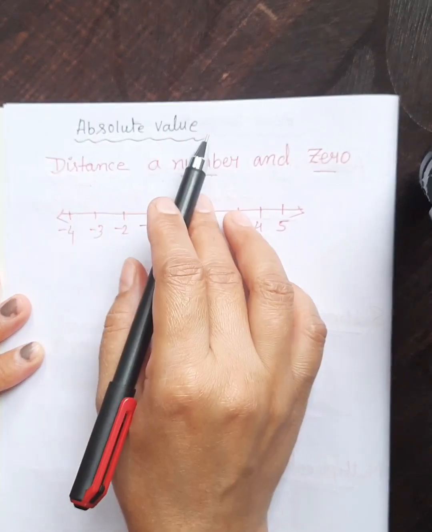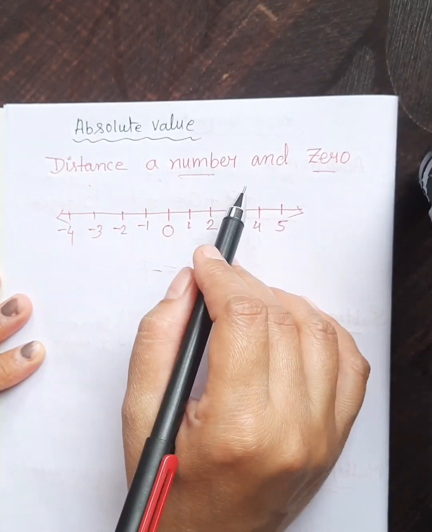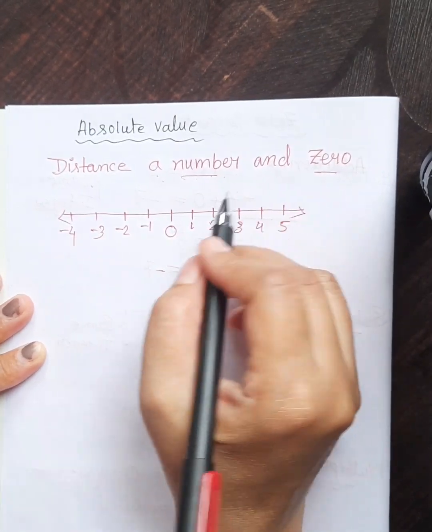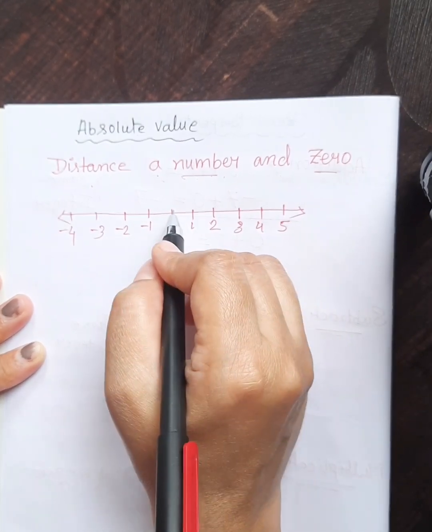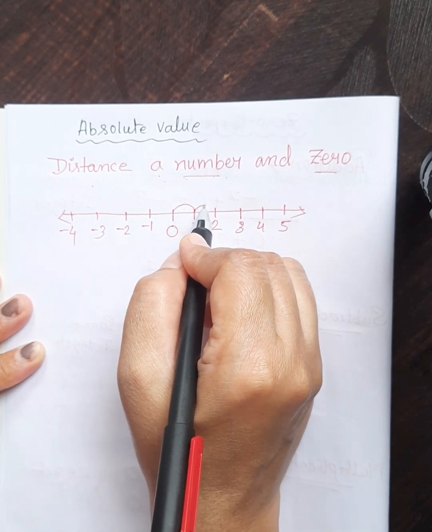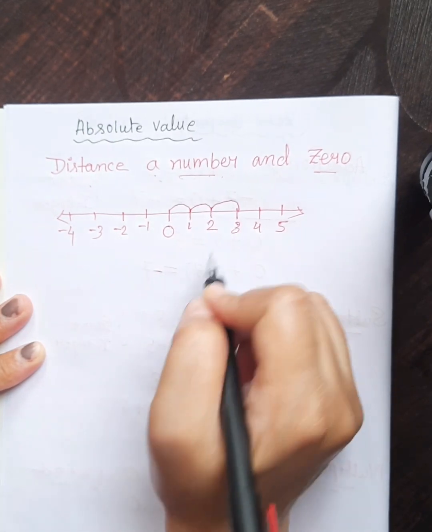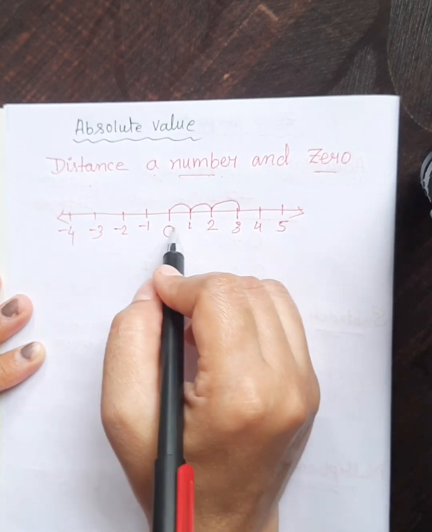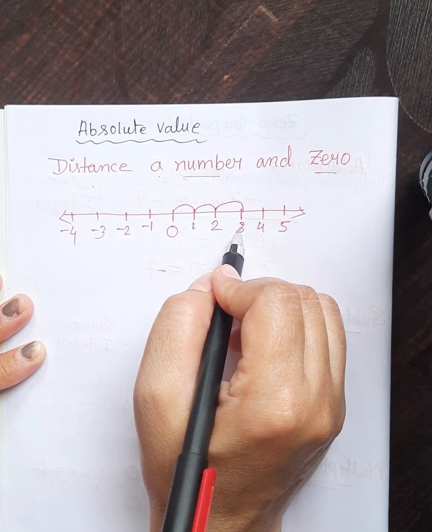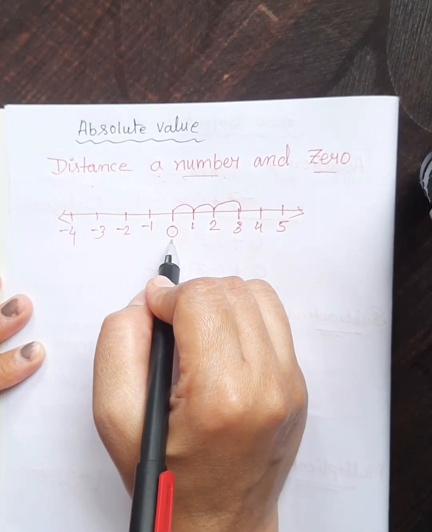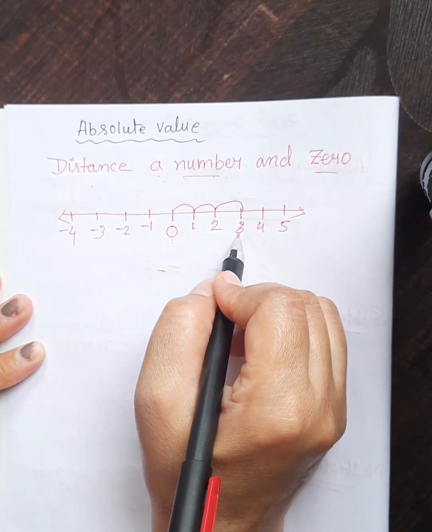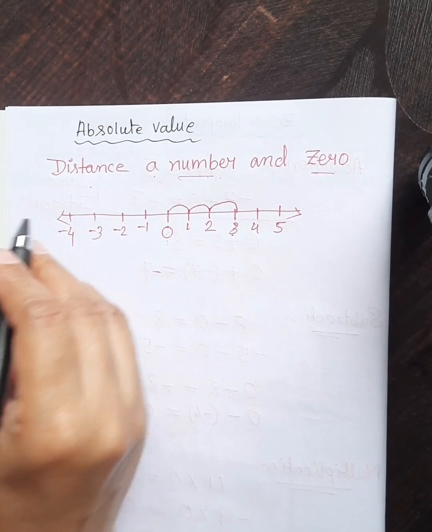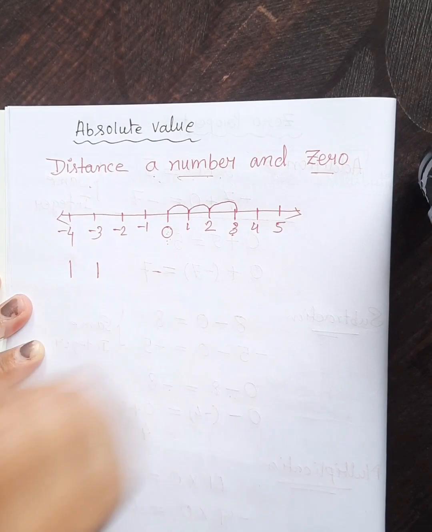So the absolute value of any number is the distance between this number and 0. Suppose the absolute value of 3, that means 0 to 3. What is the distance from 0 to 3? 3 units. That means the absolute value of 3 is the distance between 0 and that integer. Clear? And this absolute value is denoted by this vertical line.